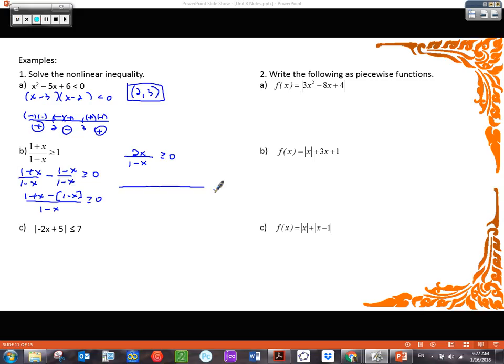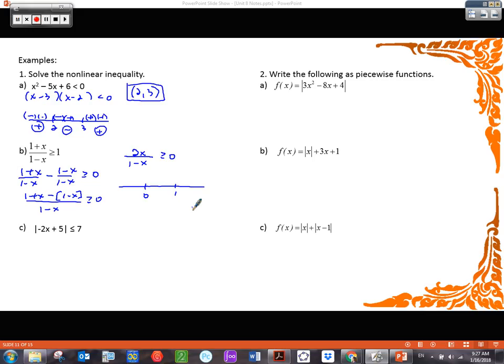The things that I put on my number line are the zeros of that equation, which we know is when we set the numerator equal to 0, which would be 0. And the undefined. Where is this undefined? It's undefined when I set the denominator equal to 0, and it's undefined at 1. So 0 and 1 are going to be the numbers that belong on my number line.